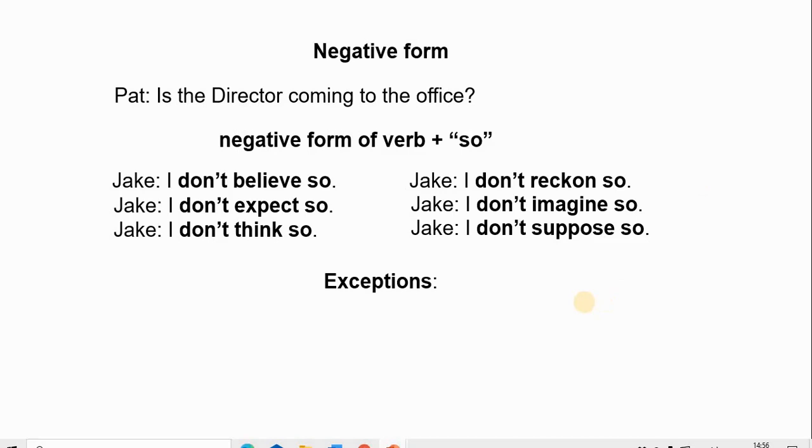The verb hope uses this form. So hope does not have the negative form of the verb plus so. With hope, we say hope followed by not.